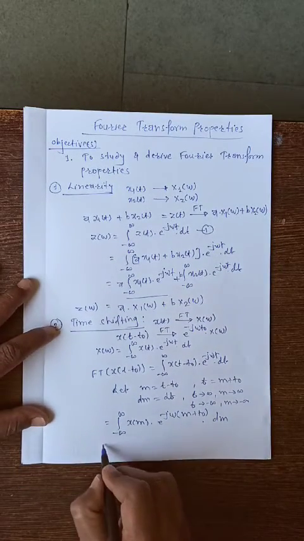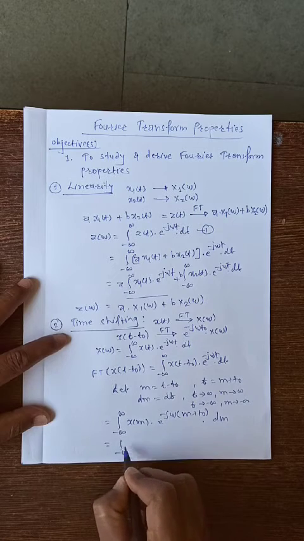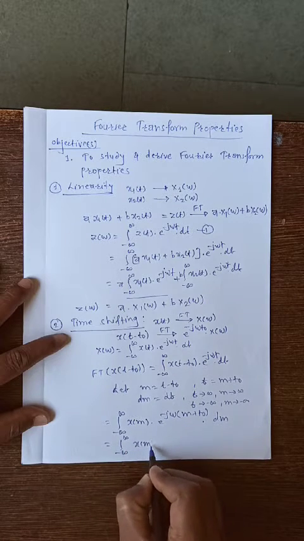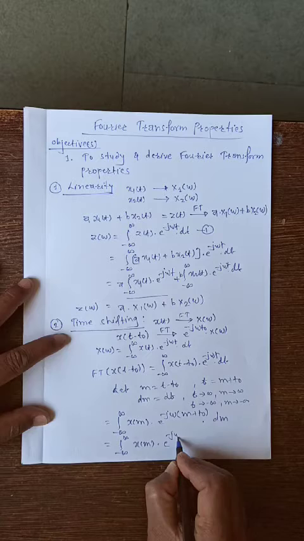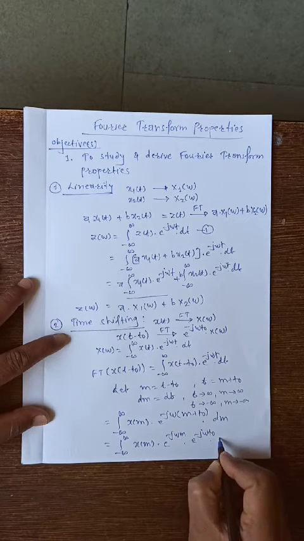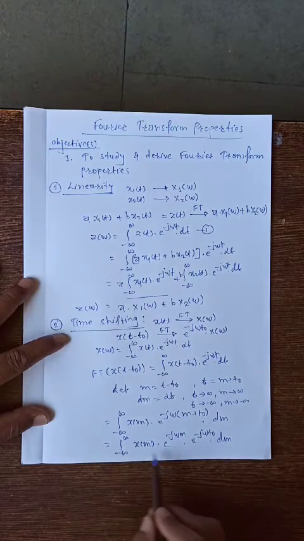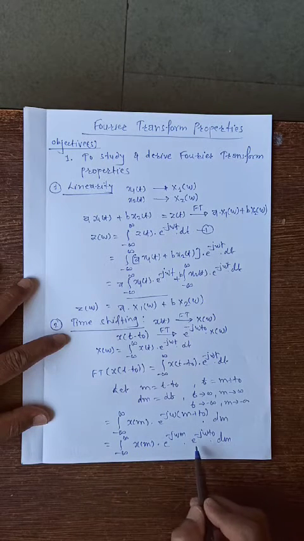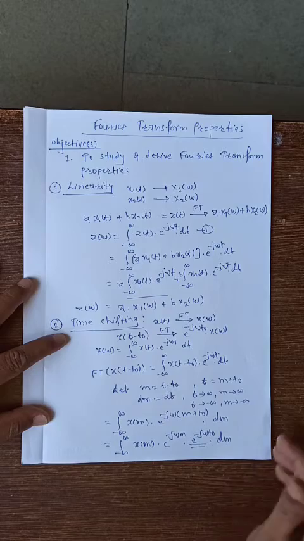Now just see, that is equal to the integral from minus infinity to plus infinity of x(m) e^(-j omega m) times e^(-j omega t naught) dm. Now this integration is with respect to m, so e^(-j omega t naught) is a constant and we can take it outside.